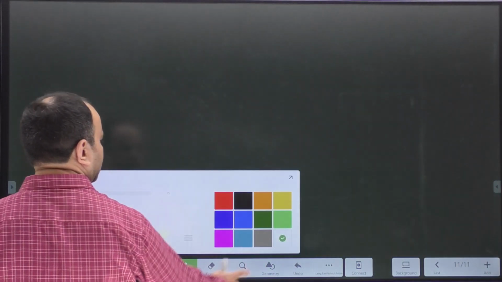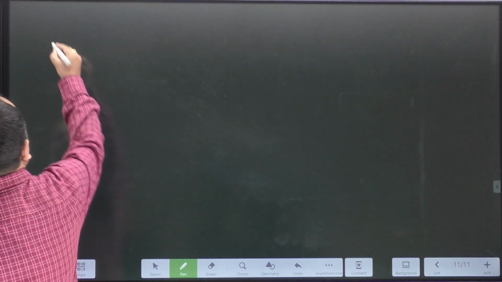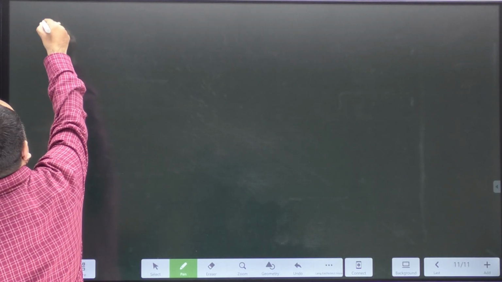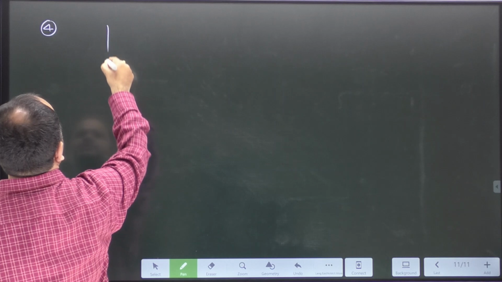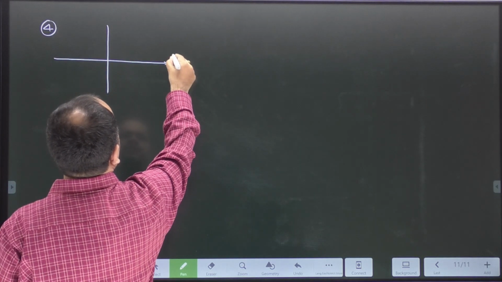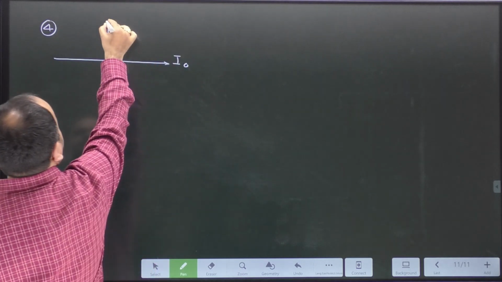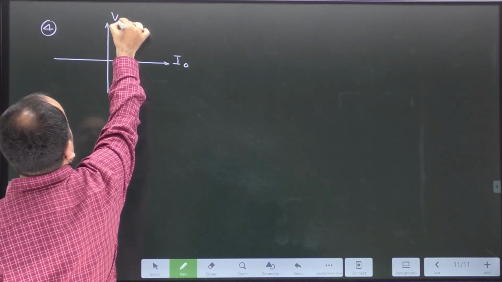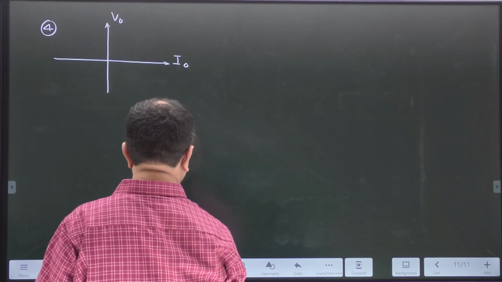Now another combination, that is a fourth one, all four quadrants of operation, I naught and V naught.